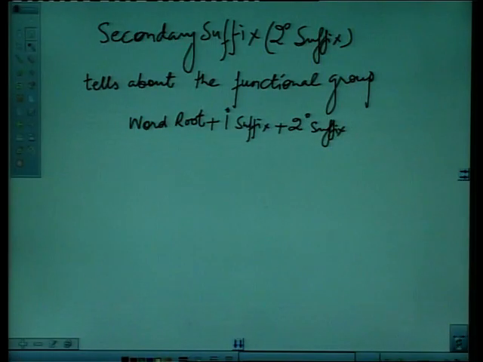What are functional groups? A functional group, as discussed earlier, is an atom or group of atoms which determines the chemical property of organic compounds.